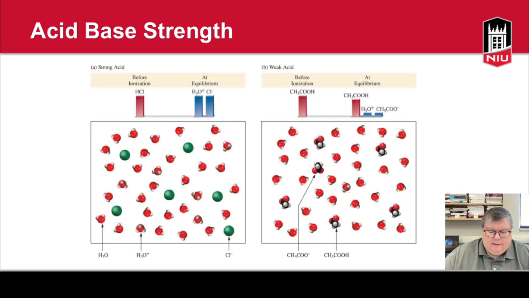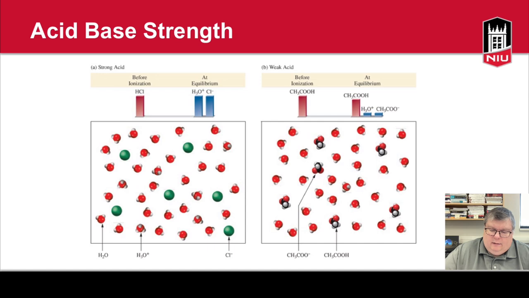Now, strong acids, as I say, completely dissociate into ions in solution. So here we have a strong acid before ionization. It's all HCl. At equilibrium, it is equal H3O+ and Cl-. You can see the H3O+ and the Cl- at equilibrium.